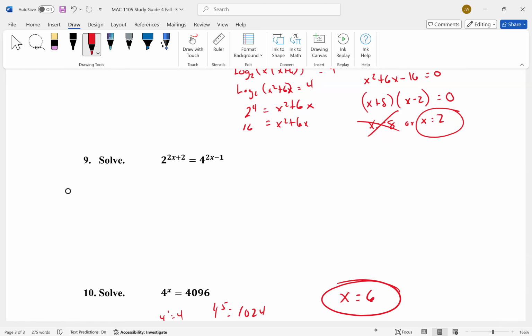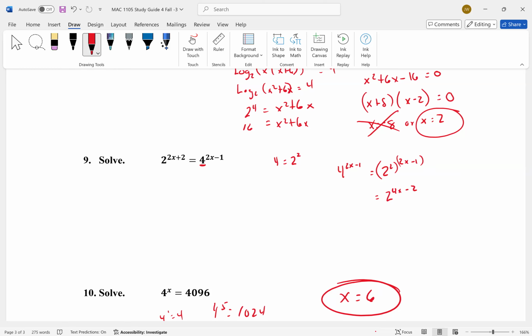Okay, going back to number 9. Actually, there's two ways we can do this. Isn't 4 simply 2 squared? So wouldn't 4 to the 2x minus 1 be 2 squared to the 2x minus 1, or 2 to the 4x minus 2?